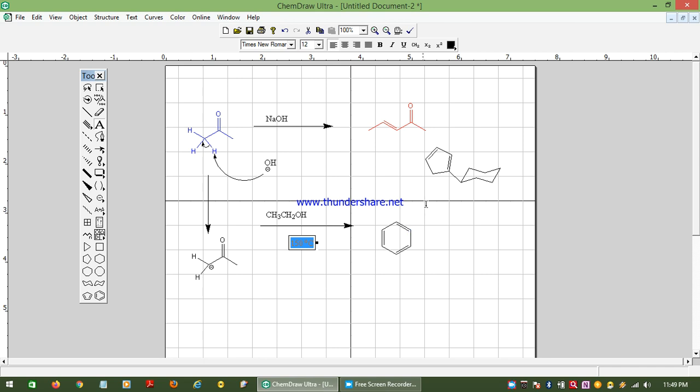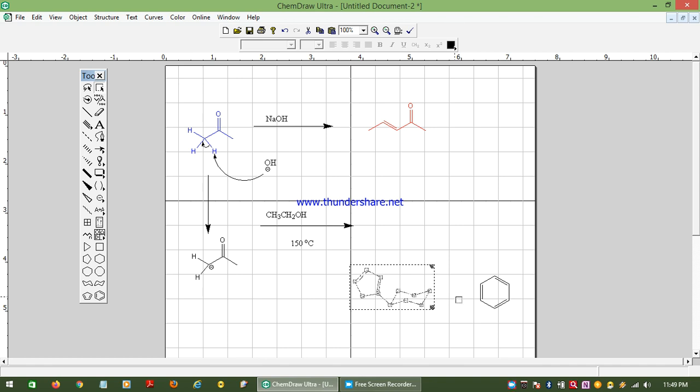If you want to align, for example, you take this molecule here and this molecule. Many of the time there is a problem of aligning, or if you want to take them in one line, you click anywhere in your structure, you get selection. Again click on shift, again click on another molecule.